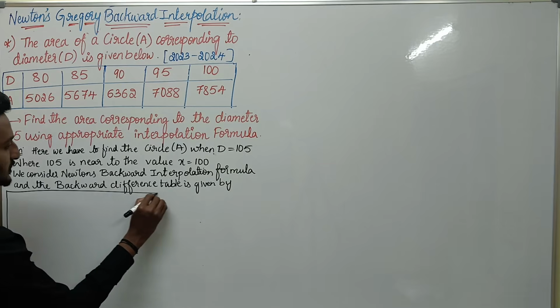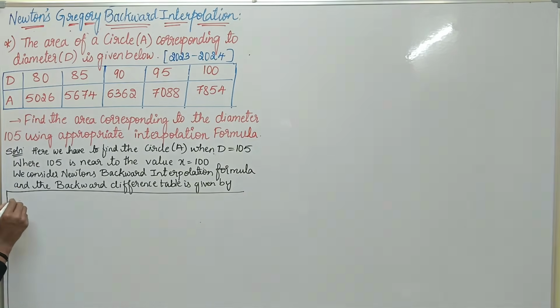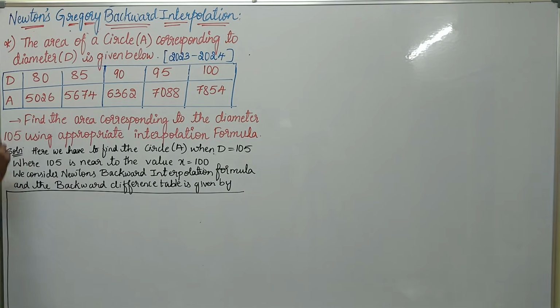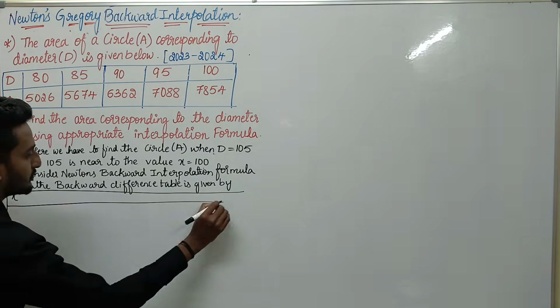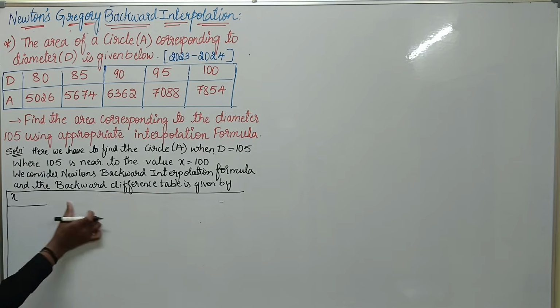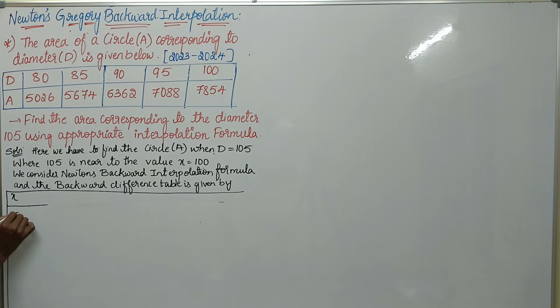First let us represent the tabular column. I am going to represent d with respect to x, where x represents 80, 85, 90, 95, and the last we have 100.